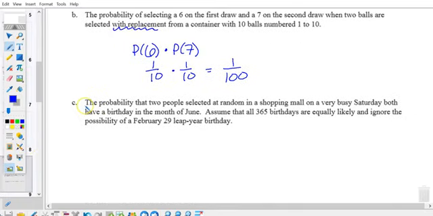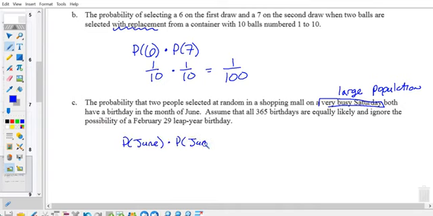The probability that two people selected at random in a shopping mall on a very busy Saturday. So what they're implying here is a large population, a large sample space. Have a birthday in the month of June. Assume that 365 days are equally likely and ignore a leap year. So that would be the probability of June times the probability of June.